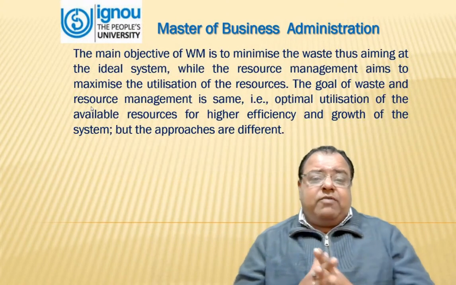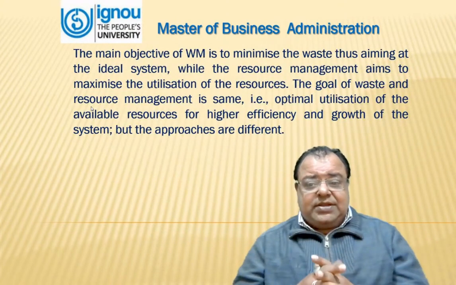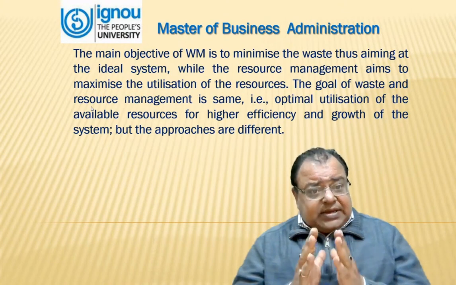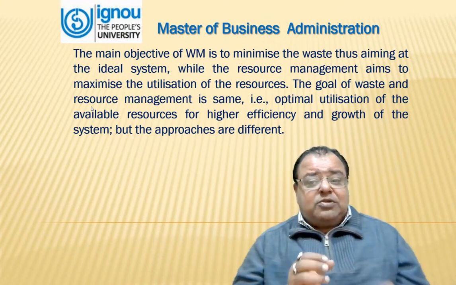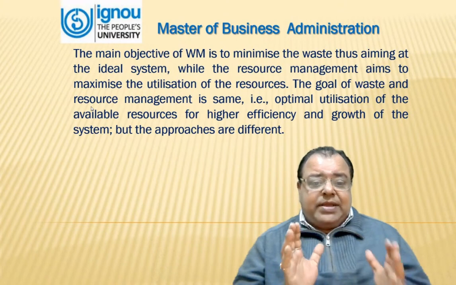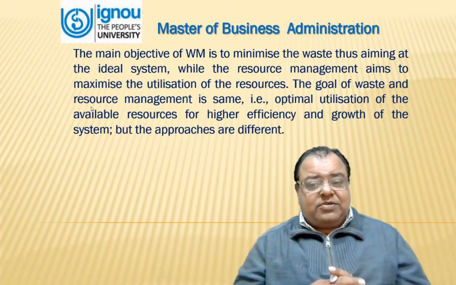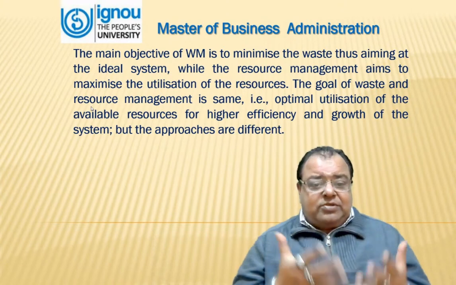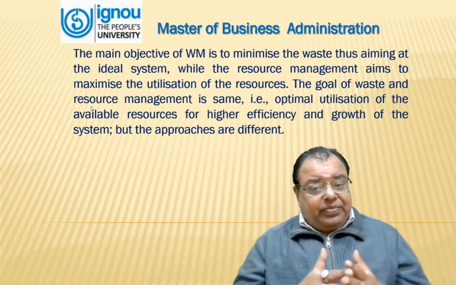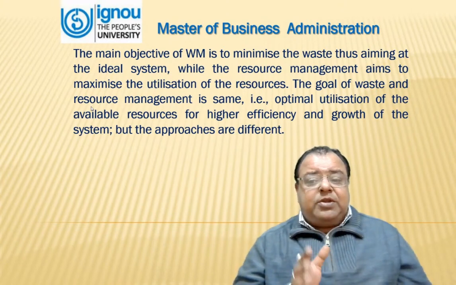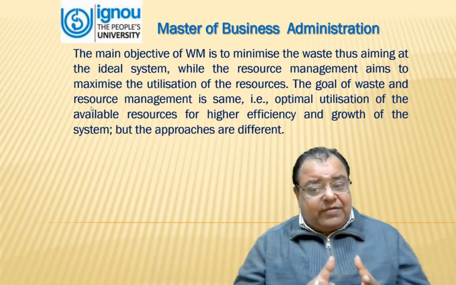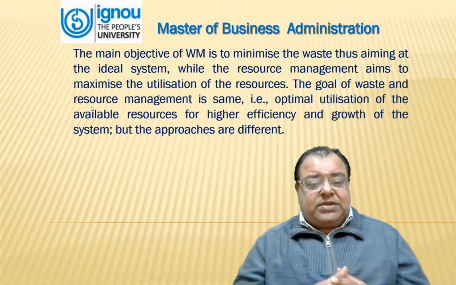The main objective of waste management is to minimize the waste, thus aiming at the ideal system, while resource management aims to maximize the utilization of the resources. The goal of waste and resource management is the same, that is optimal utilization of the available resources for higher efficiency and growth of the system.